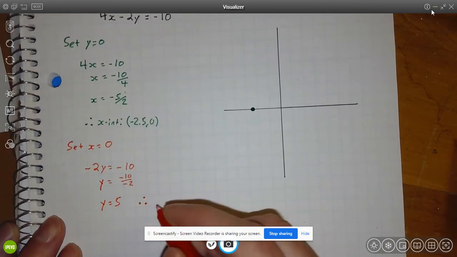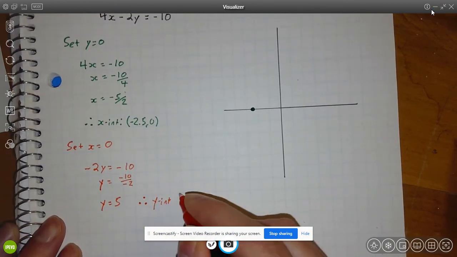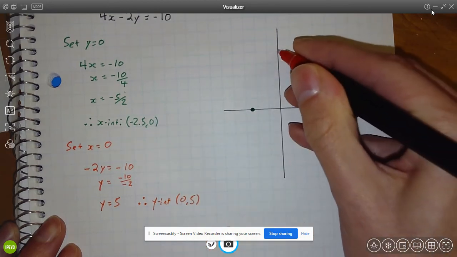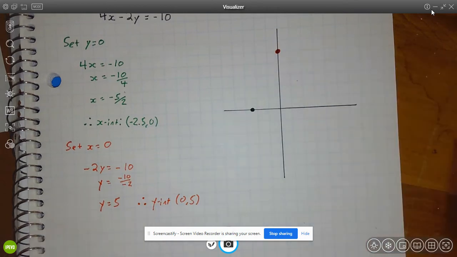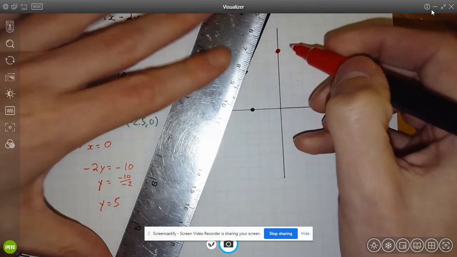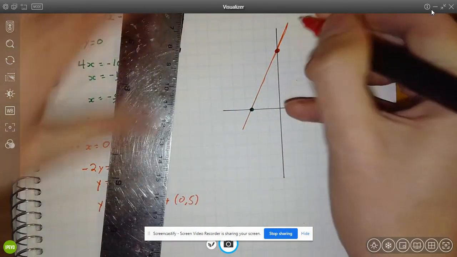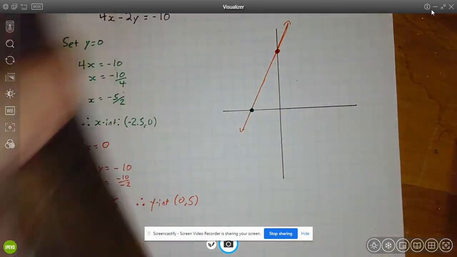I could write a little therefore statement if I want: the y-intercept equals (0, 5). 1, 2, 3, 4, 5. And again, I can connect with a straight line that goes through my grid with arrows to indicate that it extends forever.